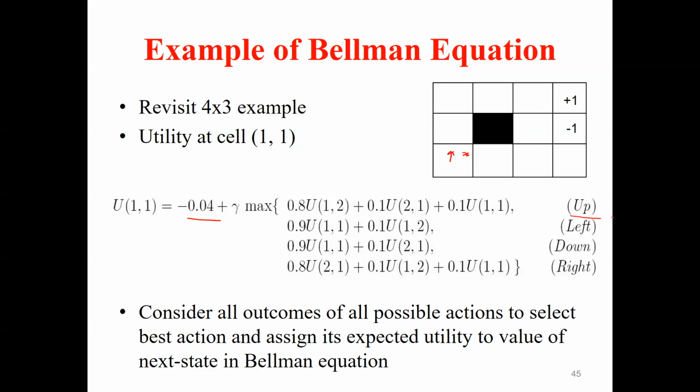Now, if I'm picking up as the desired action, what are the different actions possible? Either I can go left, or I can go right, or I can go up, or I can go down. I can pick any one of them. So let's analyze them.